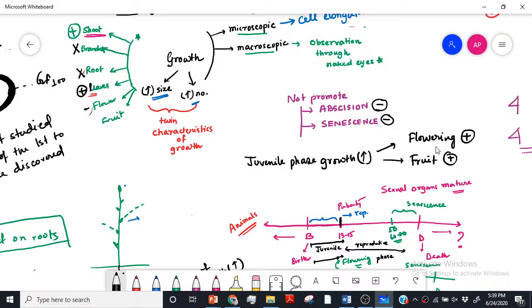So it promotes flowering, it promotes fruit formation, right? That means it promotes fruiting, but it does not promote fruit ripening, because ripening is senescence, and they are not supposed to promote senescence. They delay ripening. Understood or not?